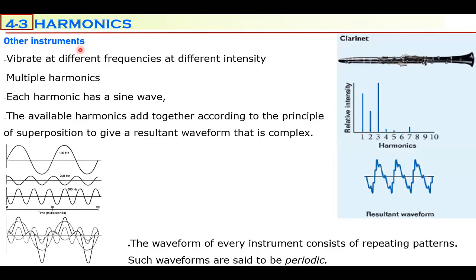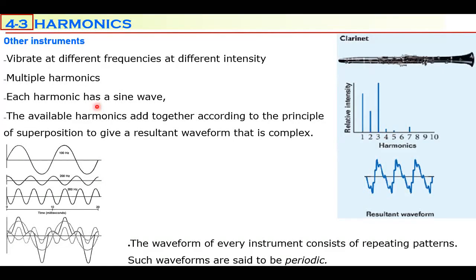Other instruments vibrate at different frequencies, at different intensities. First harmonic, second harmonic, third harmonic. The first harmonic has some intensity, but the third harmonic is more intense than the first. The second harmonic is less intense than the first and third, and then the fifth is much less intense than this one. As you see, the intensity of each harmonic is different.